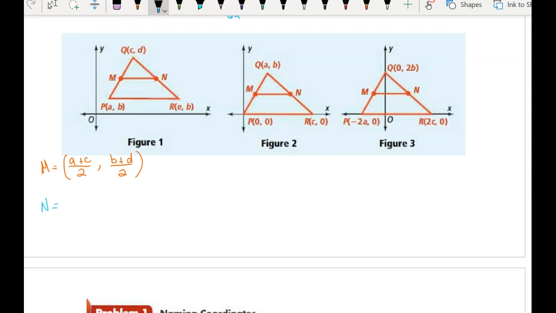Now let's do N. N is going to be C plus E divided by 2, D plus B divided by 2.